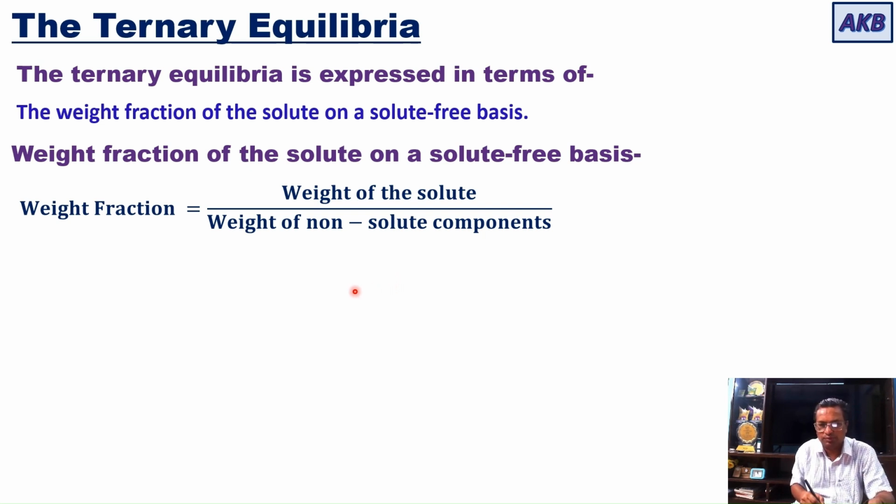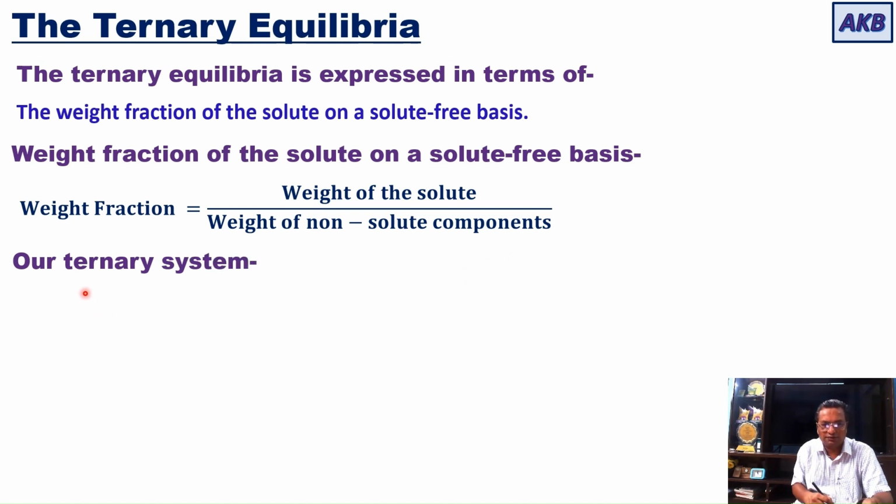I'm going to tell you in details. For time being, you just understand how weight fraction of solute on a solute-free basis is defined. So this is weight fraction of solute on a solute-free basis is equal to weight of the solute divided by weight of non-solute components.